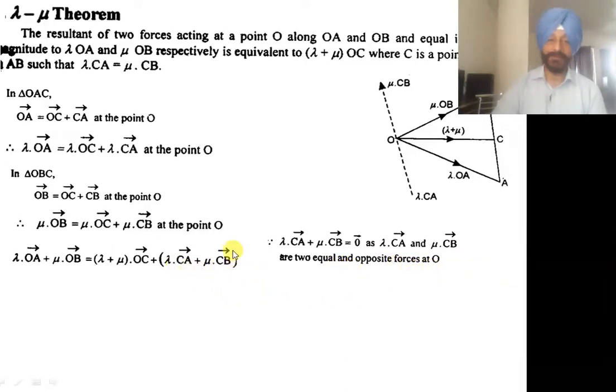So this quantity is 0, and we got lambda OA plus mu OB is equal to lambda plus mu OC. So this is our lambda mu theorem, and now we are going to see how the lambda mu theorem is applicable on geometrical problems.